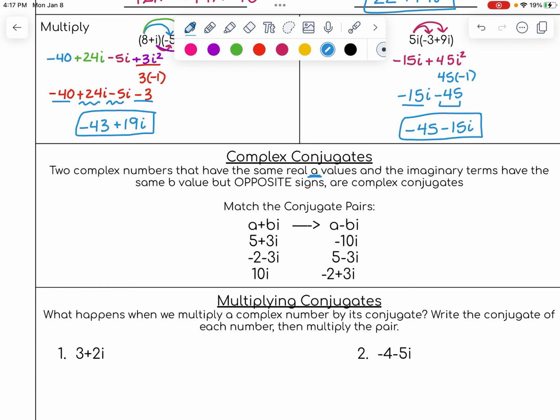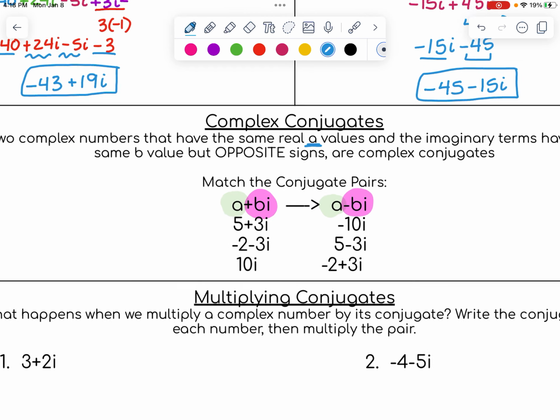Those are considered complex conjugates. So right here in this first example, we have a plus bi. That is a conjugate with a minus bi. So the a value is exactly the same. For bi, it should be the same number for b, but one will be positive and one will be negative.